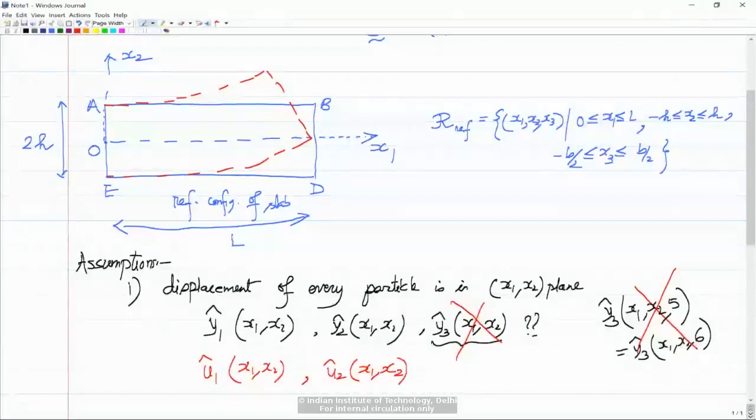Well, u1 hat can actually also depend on x3. All that it says is that the displacements are in the x1 x2 plane. It doesn't say that it has the same displacement for different x3. So we can still allow this, and likewise this is also allowed.